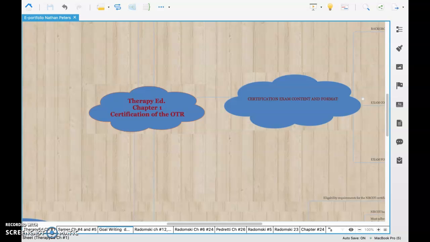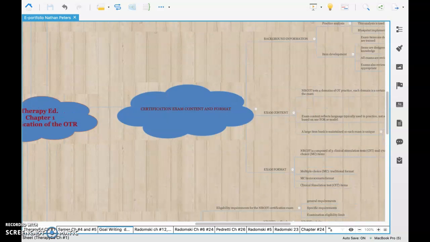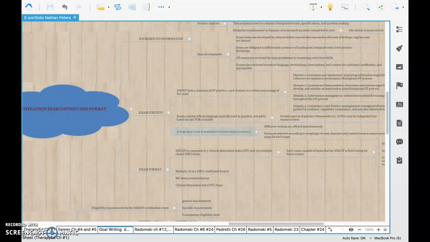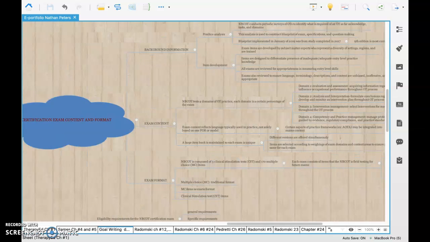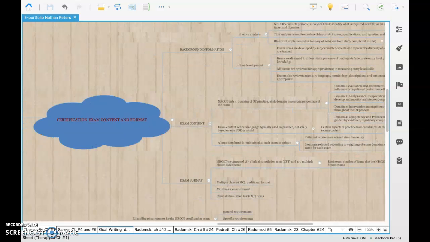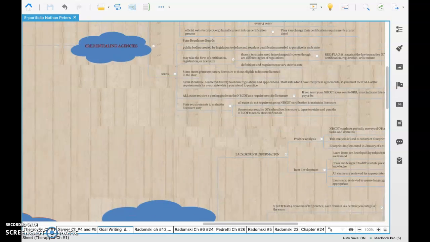So starting off with Chapter 1, the certification process. This breaks down the exam in content format, and this is going to help a lot because when it's breaking down the content, it's good to know what to expect for the exam, and it's a great way to reduce anxiety for those who have test anxiety.